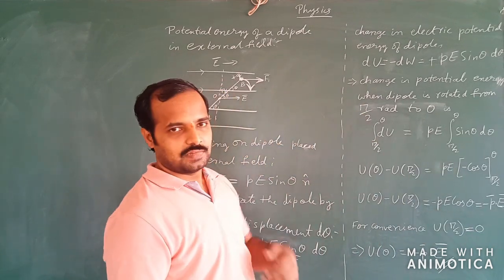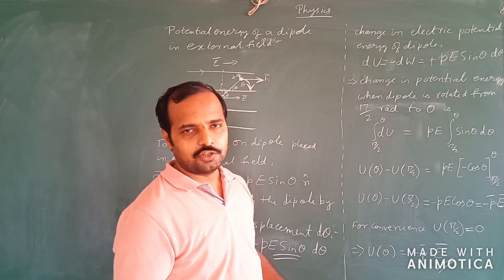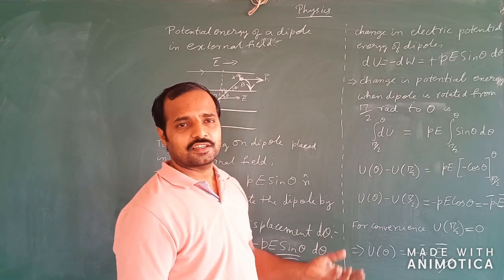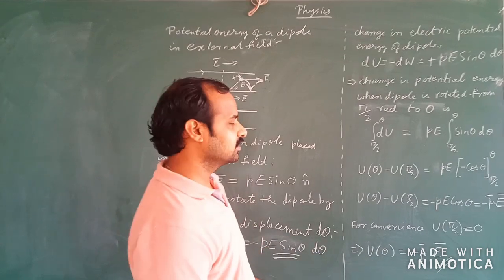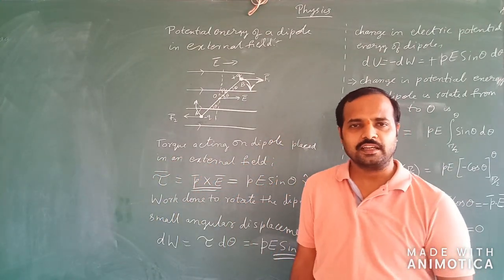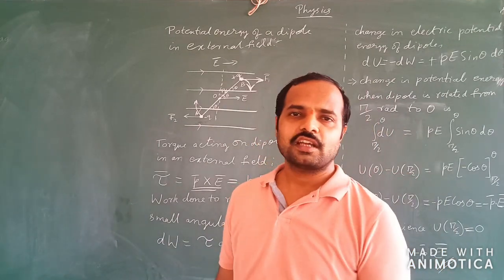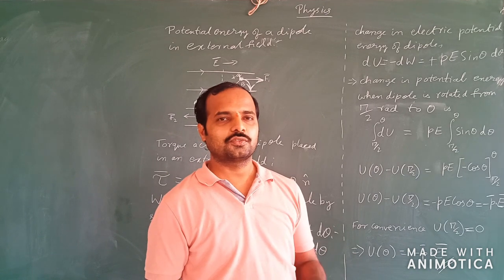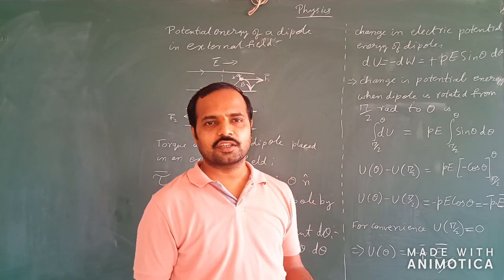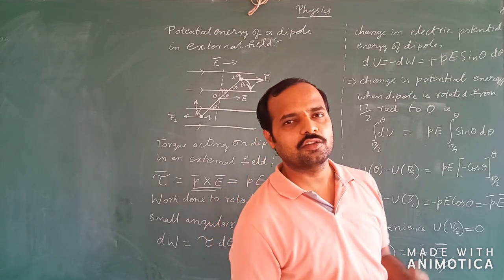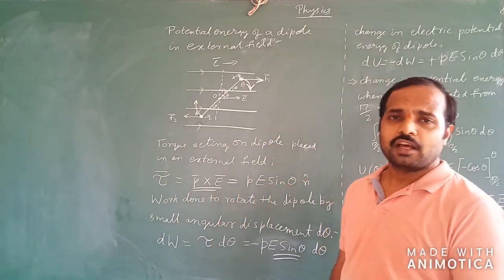Now, as I already discussed in the last video, when we spoke about the potential energy stored in a system of two charges, I had already told you that electric potential and electric potential energy have been allowed a certain amount of freedom in choosing their origin. When we talk about the origin, it is not only with respect to the Cartesian coordinate system, it can also be with regard to the polar coordinate system.